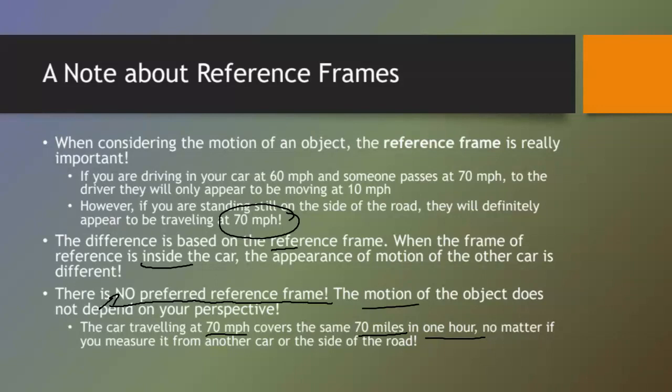The other thing that means is you can always break things up based on how they're observed. It gets a little complicated there, but there's no real preferred way. Objects move the same way, no matter how you perceive their motion. The Einstein caveat that I mentioned has to do with light, but we probably won't get there.